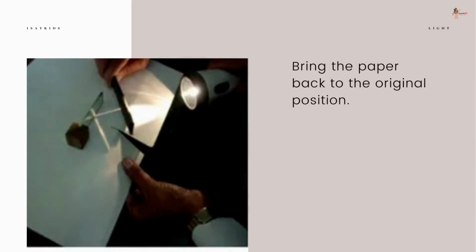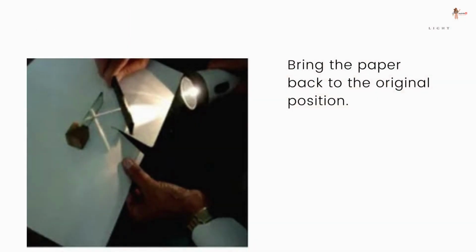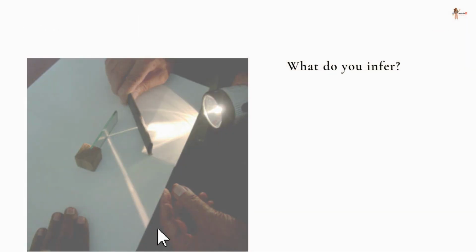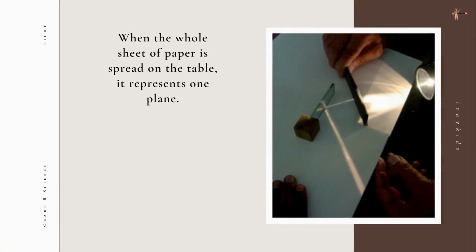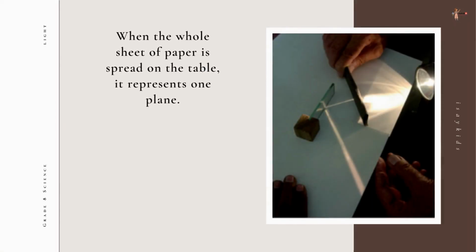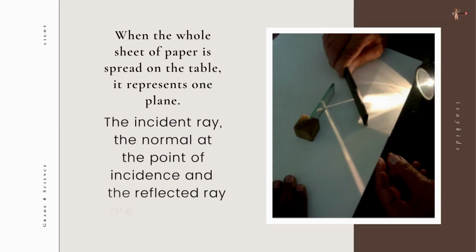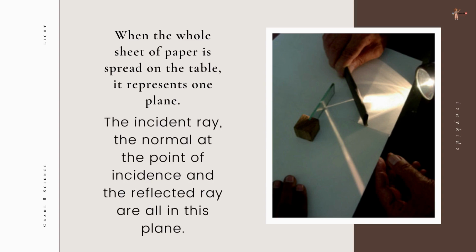Bring the paper back to the original position. Can you see the reflected ray again? What do you infer? When the whole sheet of paper is spread on the table, it represents one plane. The incident ray, the normal at the point of incidence, and the reflected ray are all in this plane.